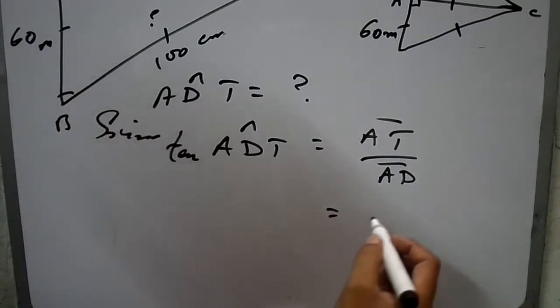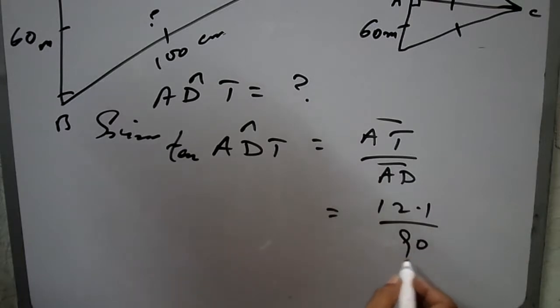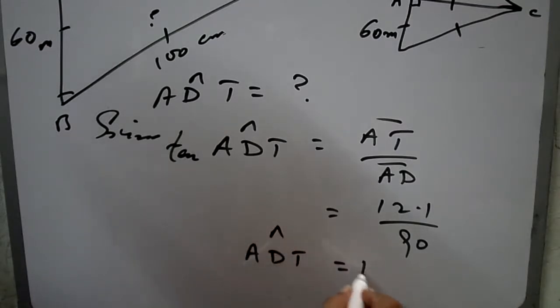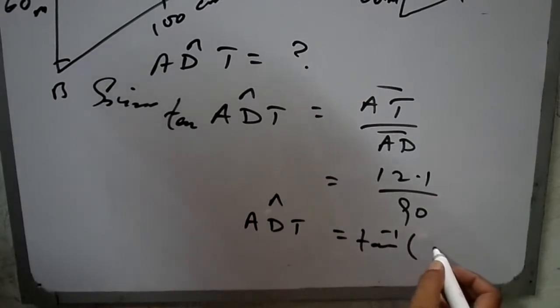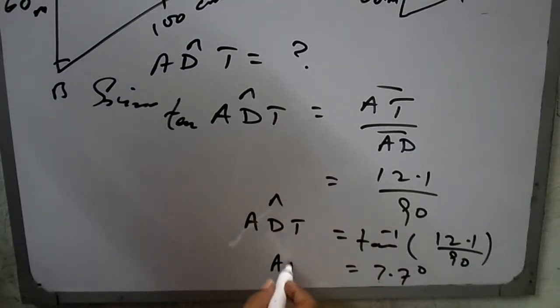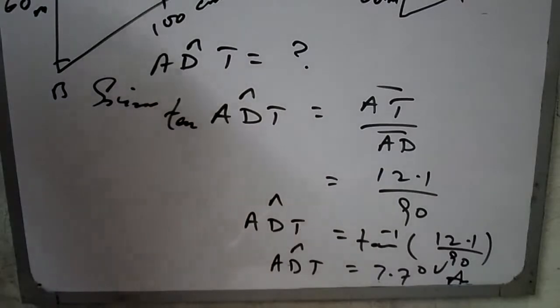Putting the values, 12.1 we just calculated, and the value is 90. But we need the value of ADT. So tan inverse of 12.1 divided by 90. By using a calculator you will get 7.7 degrees. So that is the angle of ADT, which is also your required result as per the given condition.